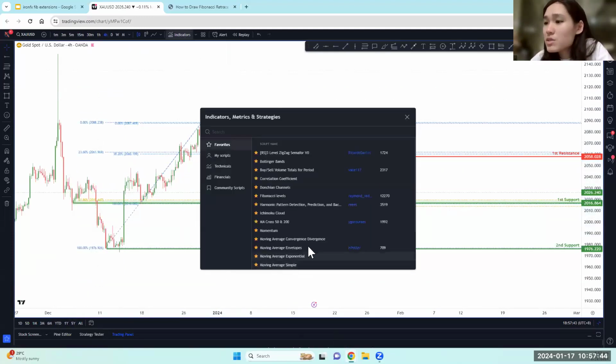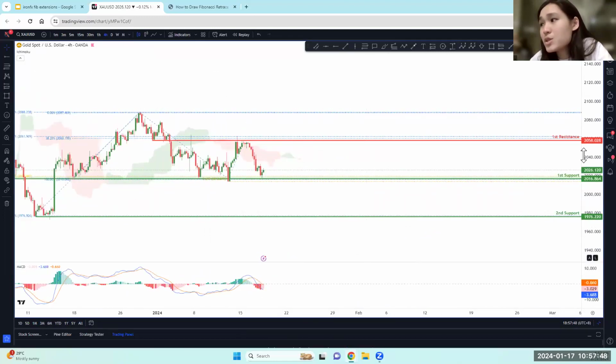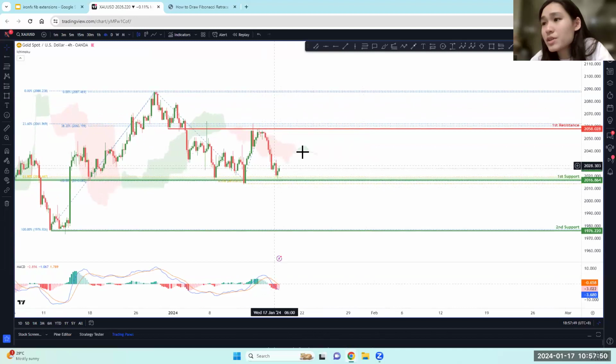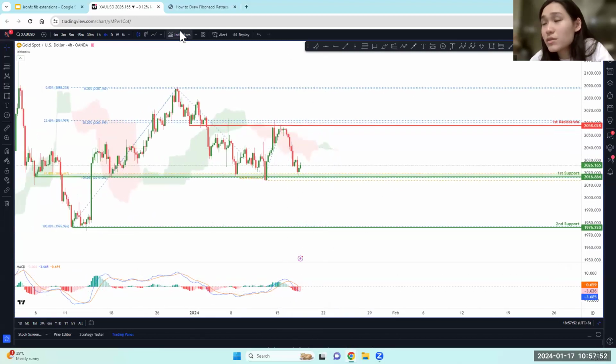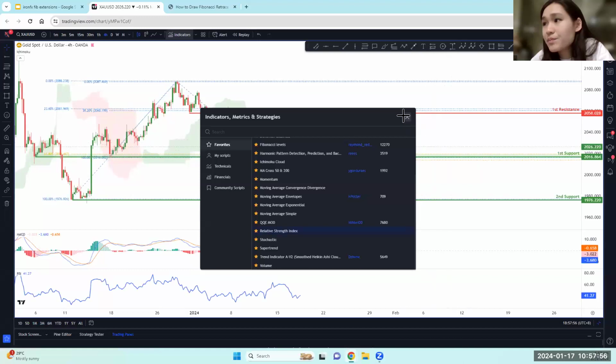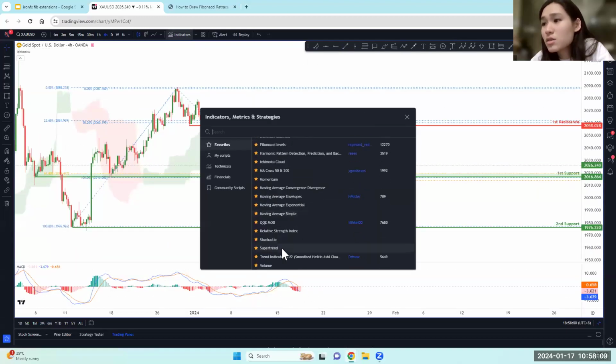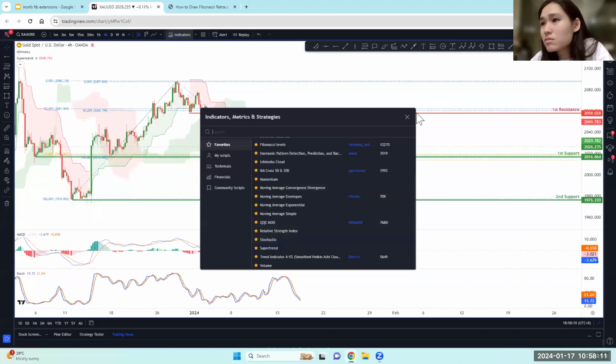Now let's pull out some indicators. Price is moving below the Ichimoku cloud, so it's giving us a bearish signal. MACD is also giving us a bearish signal. RSI isn't telling us much. Let's look at stochastic.